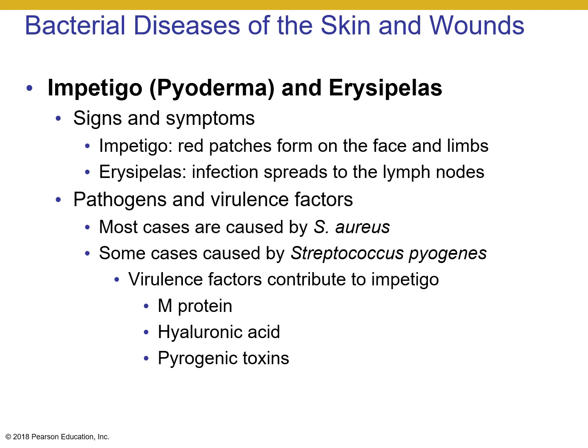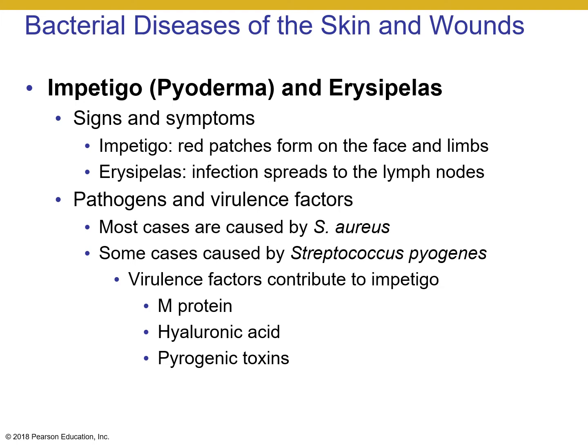Impetigo is a red patch that forms on the face and the limbs, and erysipelas is an infection that spreads to the lymph nodes. It's mainly caused by Staph aureus. It can be caused by Streptococcus pyogenes, and the virulence factors contribute to the severity of the disease.